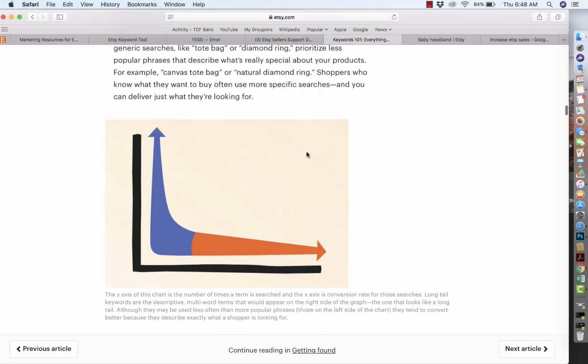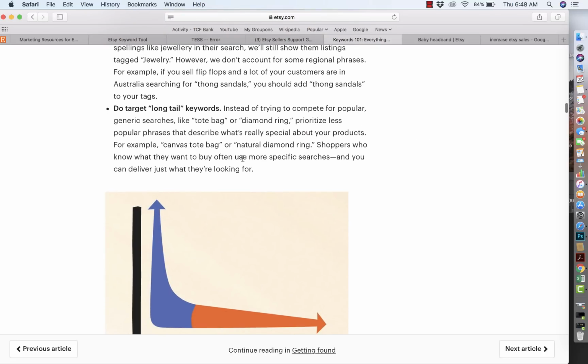You should try to use tags that are a little bit longer, because the issue is the popularity. Trying to compete for popular generic searches like top bag, baby headband, or diamond ring is really hard.